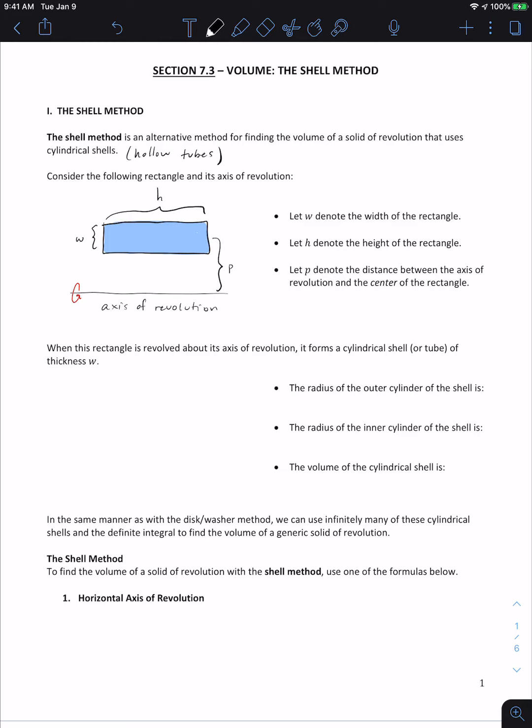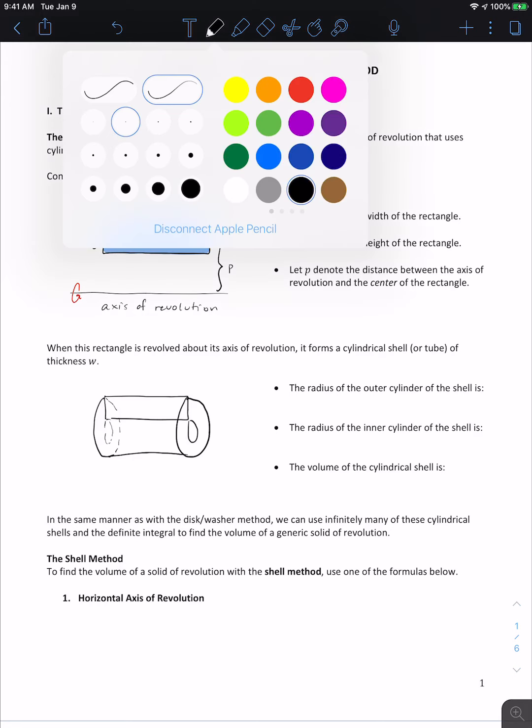Let's go ahead and try to draw this tube here on the next slide. So our tube looks something like that.